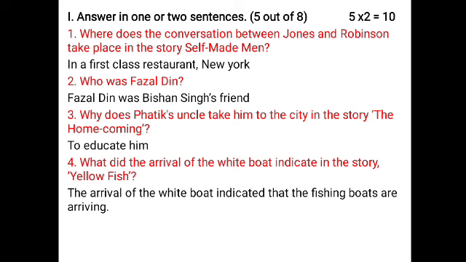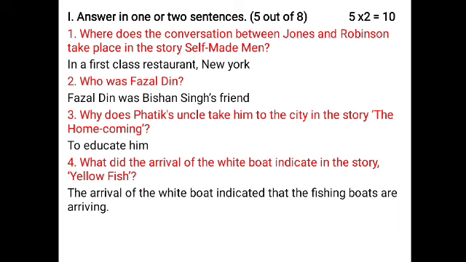And the next question, what did the arrival of the white boat indicate in the story Yellowfish? In the story Yellowfish, written by Ambai, we see a white boat floating ashore like a swan. The arrival of the white boat indicated something. What signal did it give?